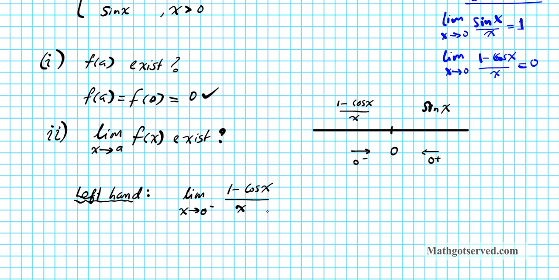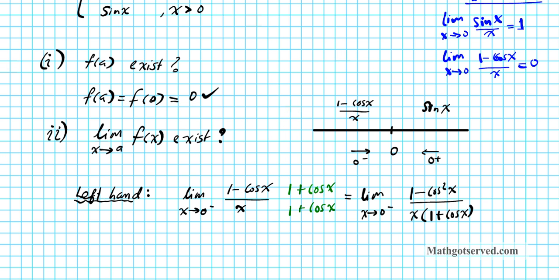Let me show that to you real quick using identities. Let's evaluate this limit. If you plug in 0, you can clearly see that we'll have a 0 in the denominator, which makes the expression undefined. So we're going to rationalize the numerator by multiplying by (1 plus cosine x) over (1 plus cosine x). Alright? When we multiply this out, this is going to become the limit as x approaches 0 from the left of (1 minus cosine squared x) over x times (1 plus cosine x).